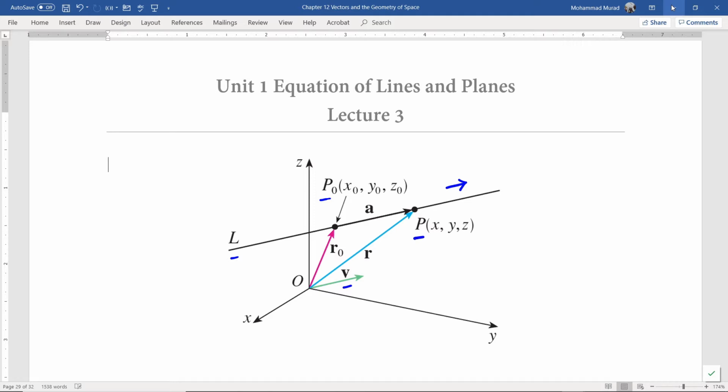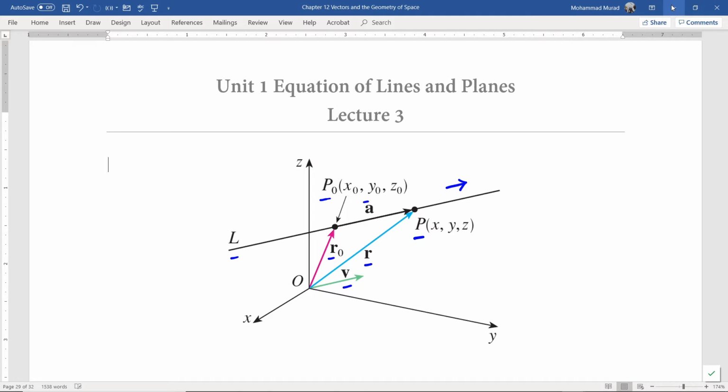Let P with coordinates x, y, z be an arbitrary point on L. And R sub 0 and R be the position vectors of the points P sub 0 and P, respectively.